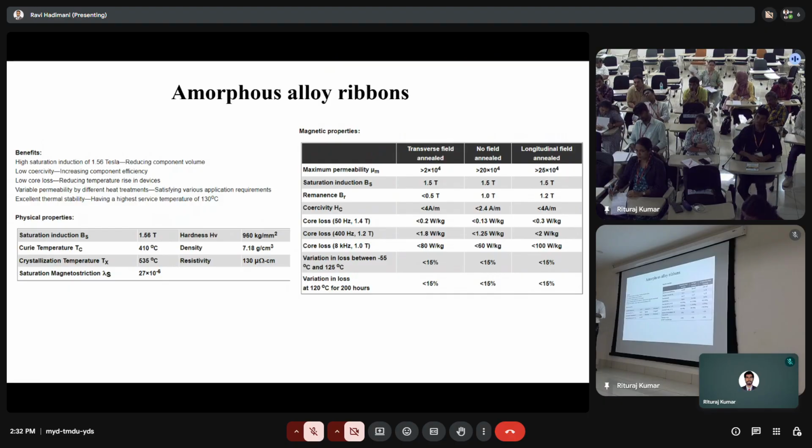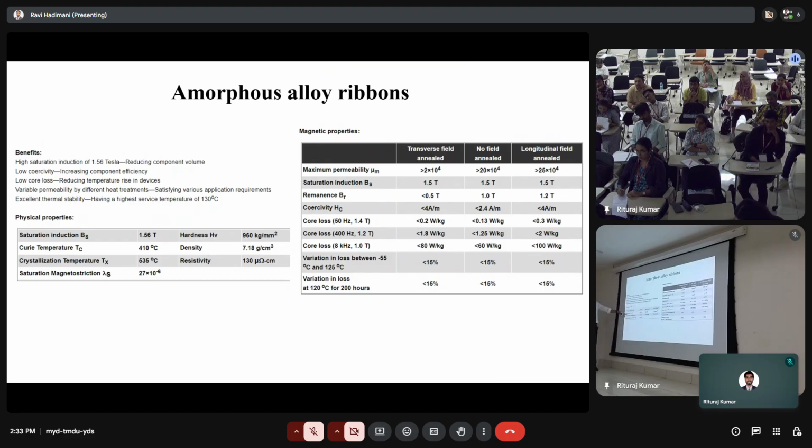That is due to magnetostriction, which increases the core loss, and that core loss can be reduced with these kinds of materials. You can also have variable permeability by doing different heat treatment. You can increase the permeability by additional heat treatment, or leave it as it is with slightly lower permeability. And they have excellent thermal stability.